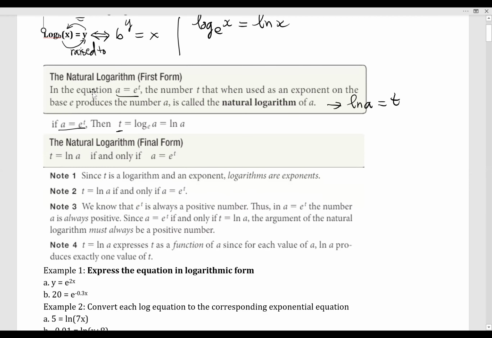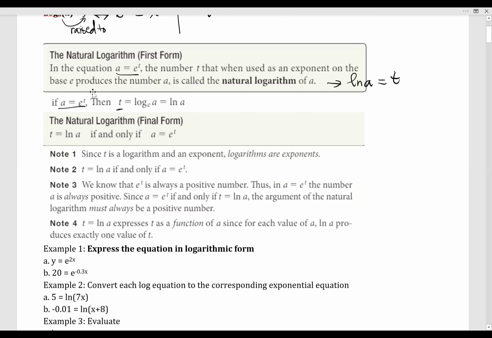Now, the final form gives the conclusion that if I have t equal to ln a, then I can reverse it to exponential form, or in another way, I can change it to log form. The exponential form is a equals e to the power t, right?